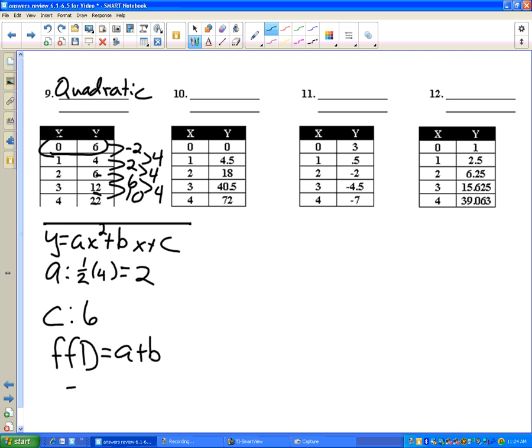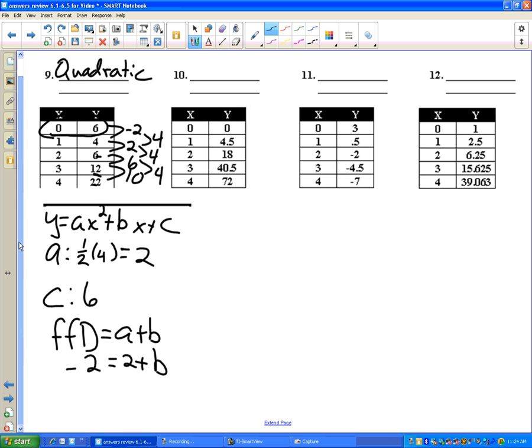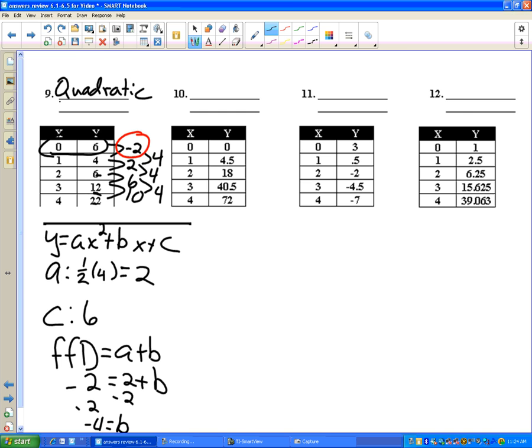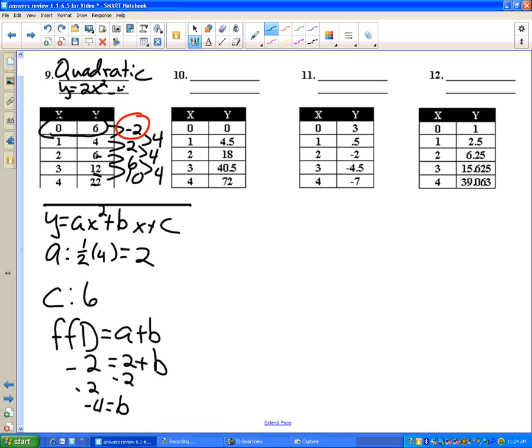So that tells me that negative 2 is equal to a, which is 2, plus b. I subtract 2 from both sides. I get negative 4 is equal to b. So my equation is y is equal to 2x squared minus 4x plus 6. There's my quadratic.